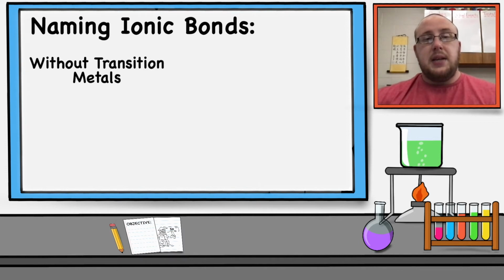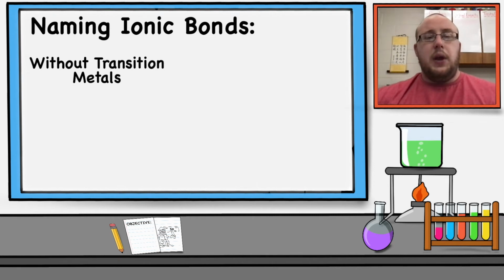So it's basically all the metals besides the transition metals. Remember, your transition metals are the middle portion of your periodic table. We'll go into the different rules for these transition metals in a minute and why we have to use different rules. But for now, let's just get the basics.